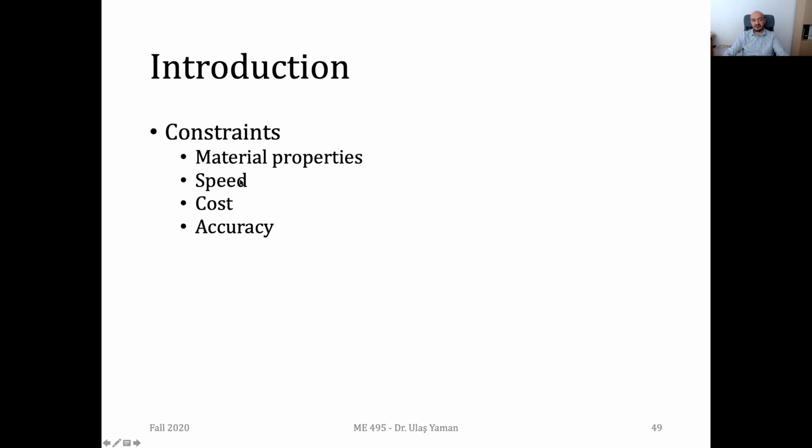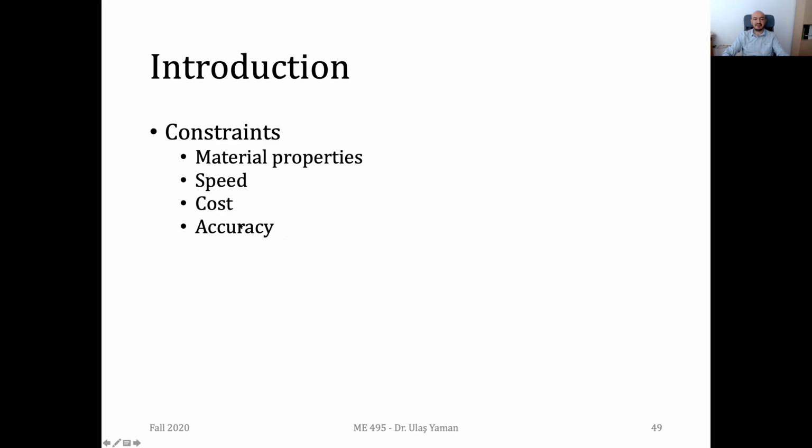And as you know, the manufacturing process is quite slow compared to the conventional manufacturing processes. Its cost might be a bit higher for a low amount of production, or it's up to you, up to the number of products. And accuracy is not as good as CNC machining, but we have high accuracy, especially in selective laser processes and stereolithography.